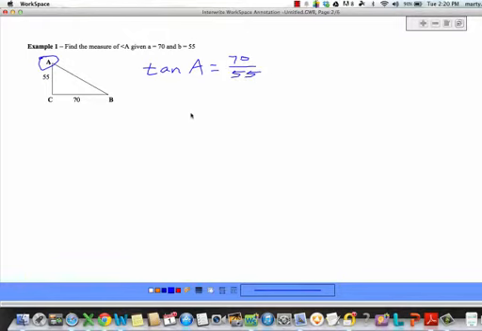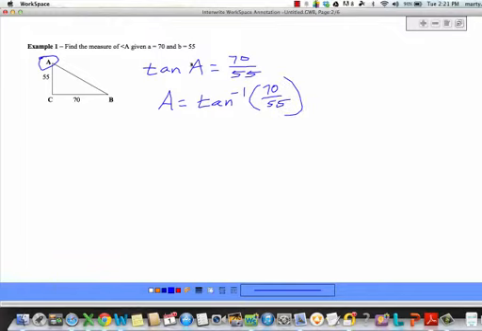And now this is where we employ the inverse, and we say that A is equal to the inverse tangent of the ratio 70 over 55.